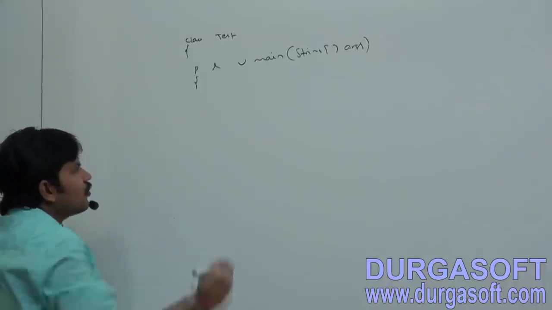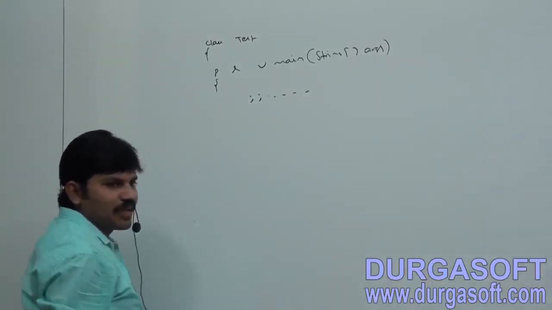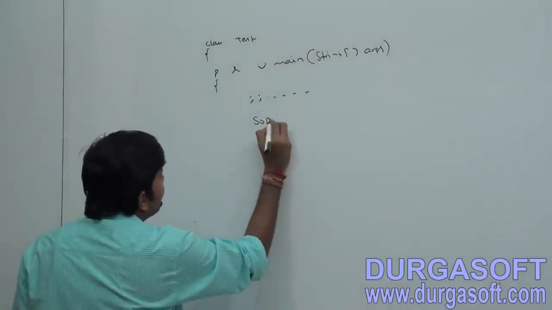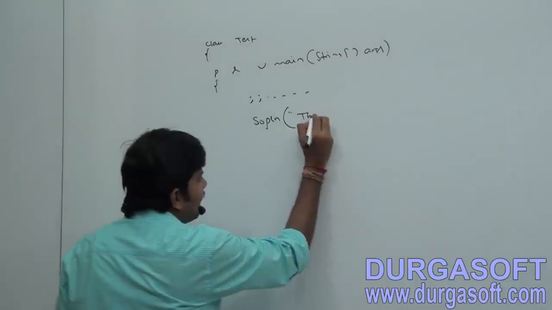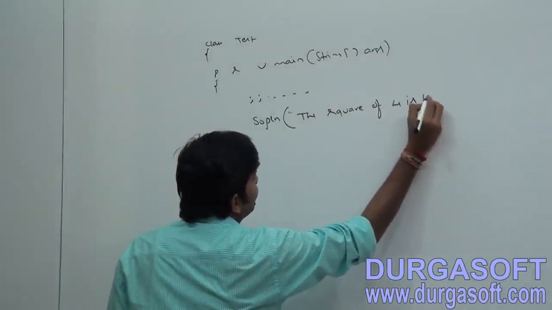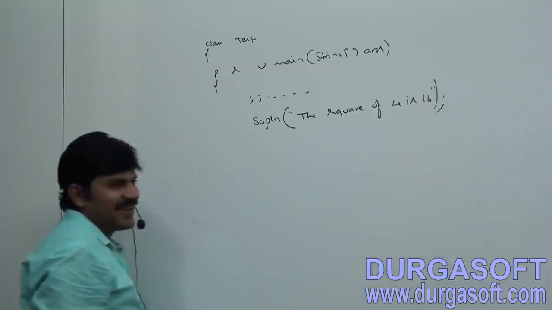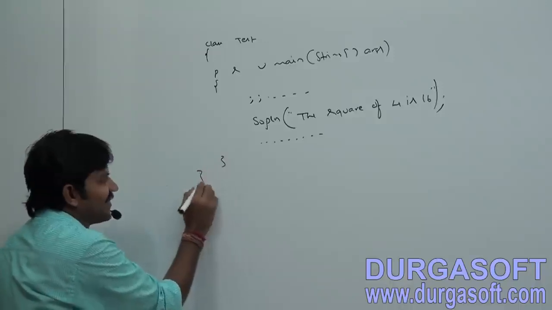Okay, he's going to write the opening brace, and then in the middle they will keep a SOP statement: the square of 4 is 16. And then the closing brace, they are going to write like this.